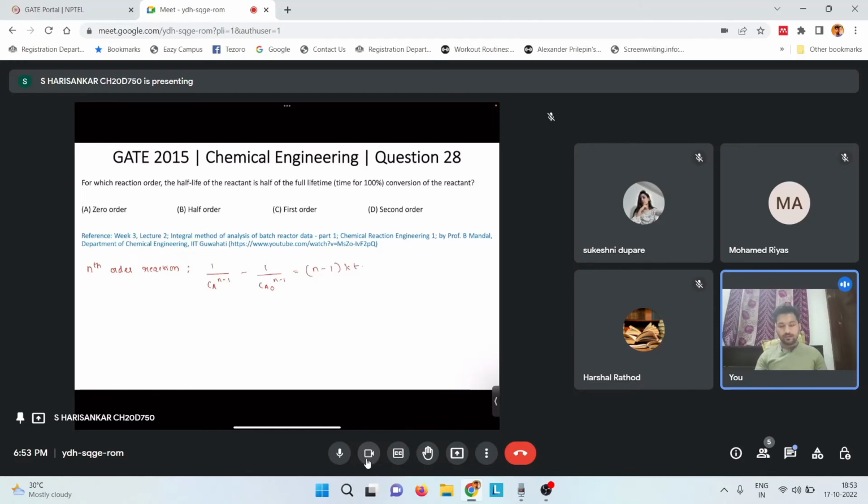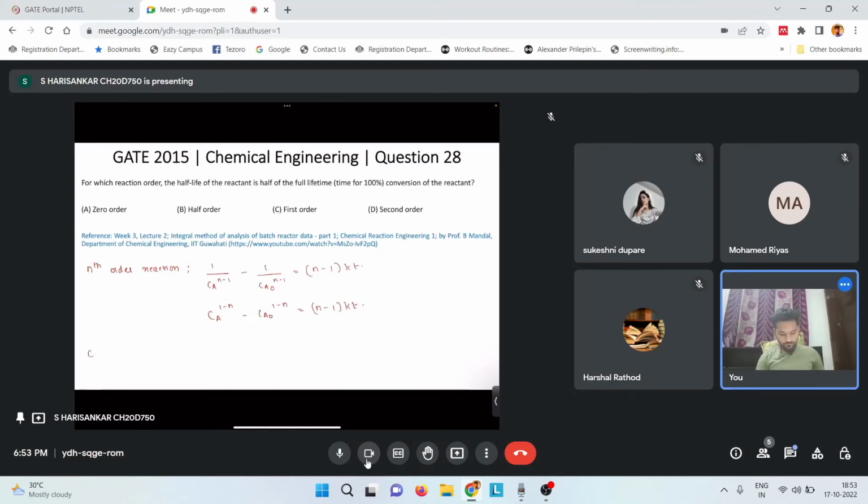Or we can write this as Ca raised to 1 minus n minus Ca0 raised to 1 minus n is equal to n minus 1 Kt. Now, there are two cases we'll have to take here.